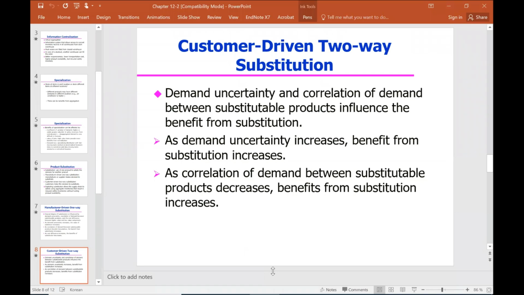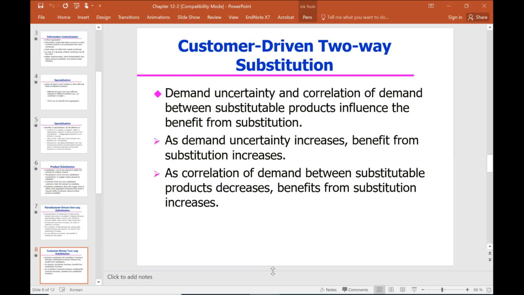But again, the customer-driven two-way substitution can be affected by two things. The first one is demand uncertainty. Obviously, under any situation, if you have high demand uncertainty, you can get more benefit from aggregation. This substitution is another type of aggregation.